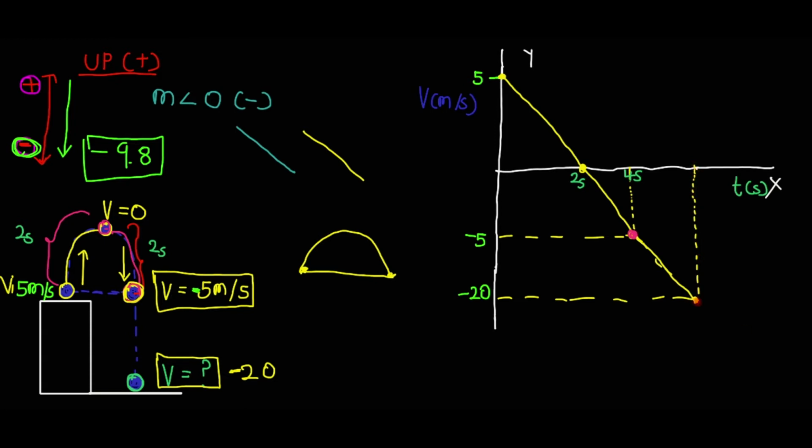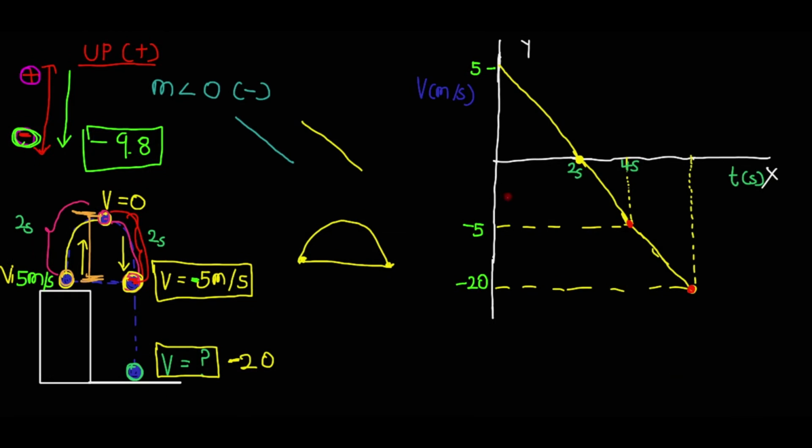So this information is very important. In summary, this point, the y-intercept, always gives the initial velocity, and this point gives the time it takes to reach the highest point. And then when it comes back to the same level from where you threw the object upwards, this one is the time of reaching that level.